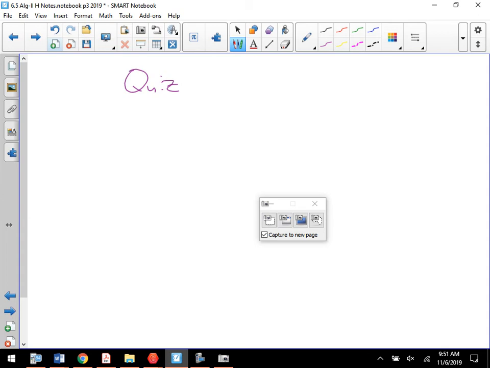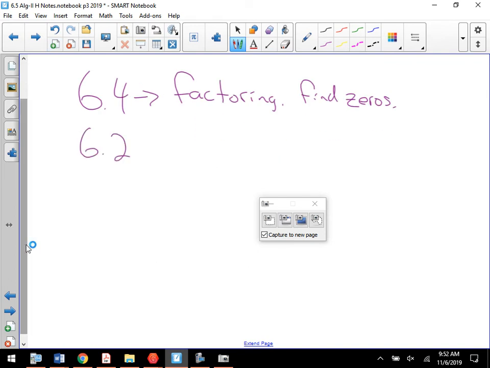We started this stuff in 6.4, which was just all factoring, factoring and then finding zeros. Whether it was difference of cubes, sum of cubes, fifth degree polynomial, whatever it wound up being, it was factorable stuff. After that, we jumped backwards into 6.2, which was your end behavior.